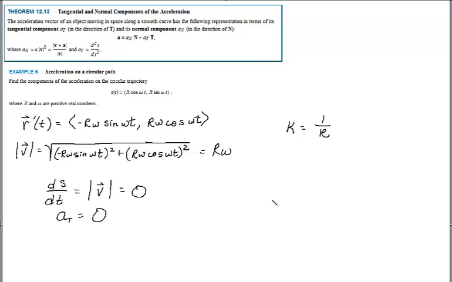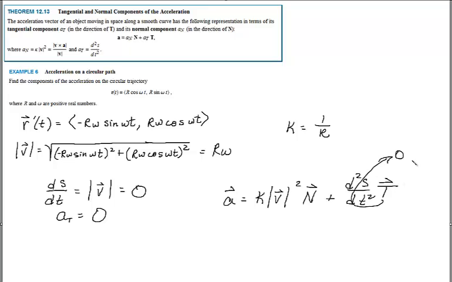So in just getting my acceleration vector, I'm going to look at it as this k, which is my curvature, times the magnitude of my velocity squared, which is then times this normal vector, plus the second derivative of the arc length with respect to time, times this tangential.